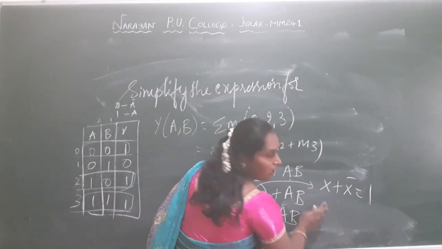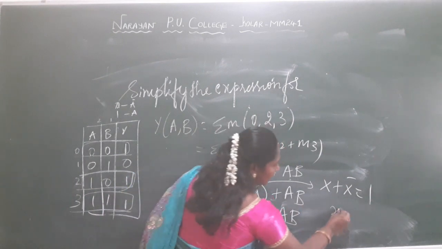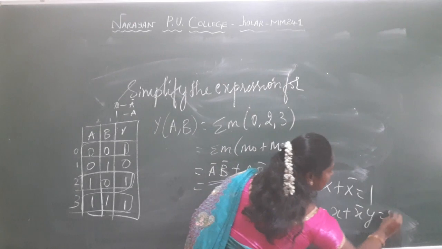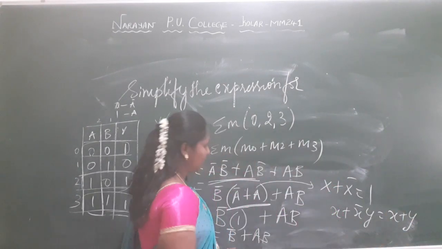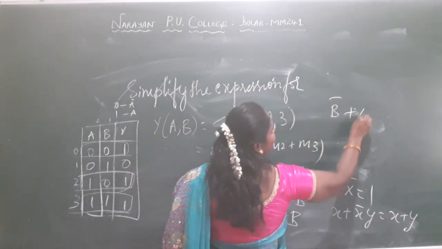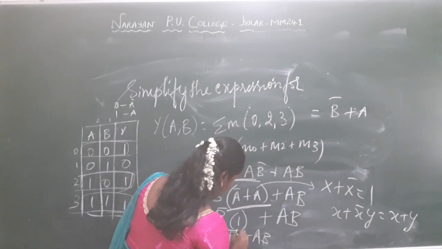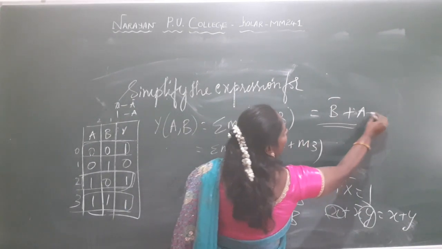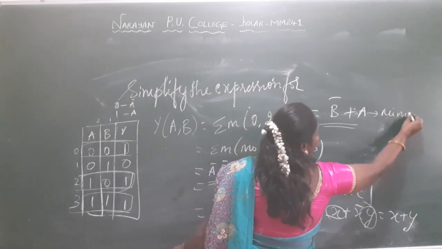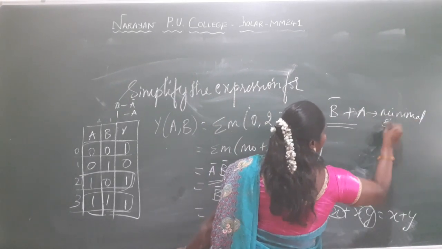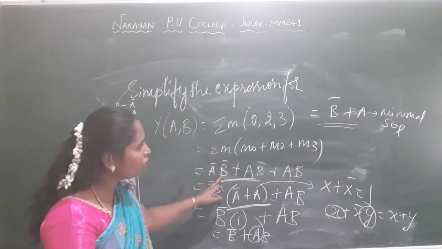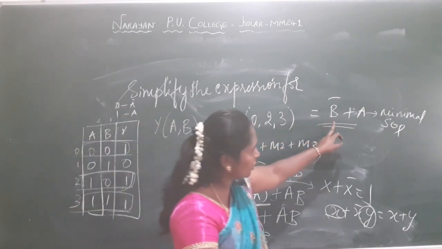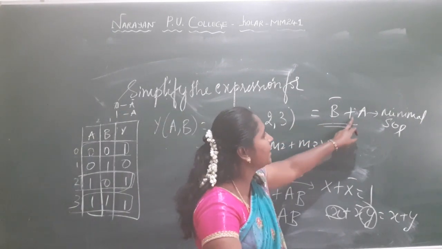This is the other rule, the third distributive law: x plus x bar y is equal to x plus y. So I take this as b bar plus a, where b bar is my x and b is my y. That is how we got the minimal SOP from the given canonical expression: the minimal expression is b bar plus a.